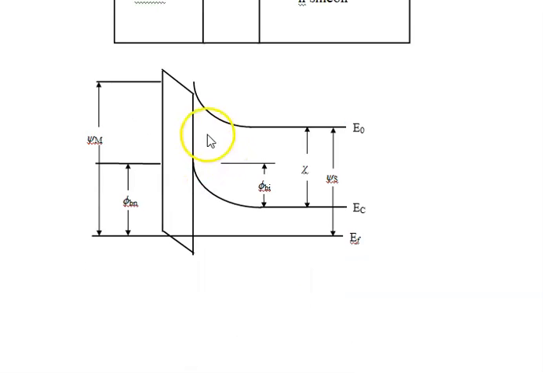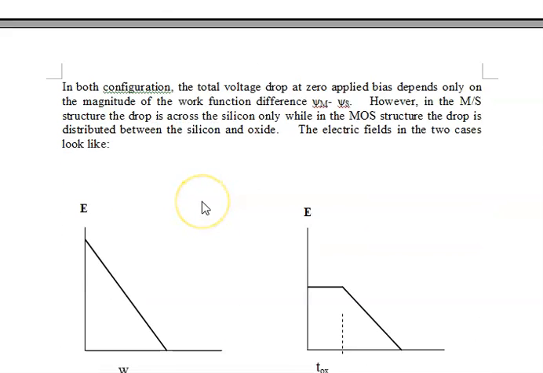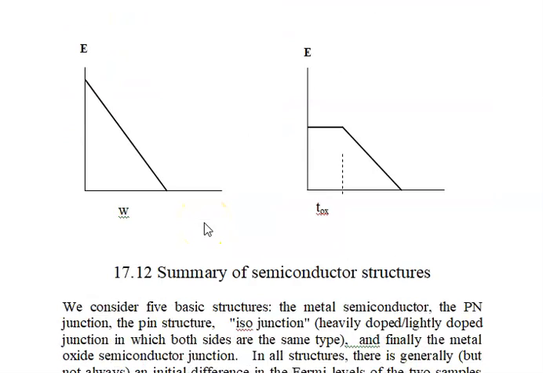And in the MOSCAP, the same thing. I have two voltage drops. That's the difference. A voltage drop across silicon as well as a voltage drop across the oxide. So if we look at the electric fields, which is quite interesting to do, first of all, I should say that this particular structure, and I didn't do this on purpose, shows the electric field being positive.